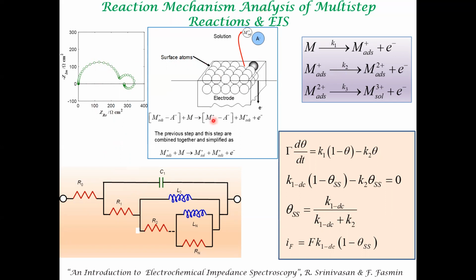Also, it gives you insight, right? Many times we use EIS for electrocatalyst development, not only to rationalize the behavior you've seen, but also for developing new electrocatalysts. For doing that, it is useful to generate the electrochemical impedance spectrum using reaction mechanism analysis.